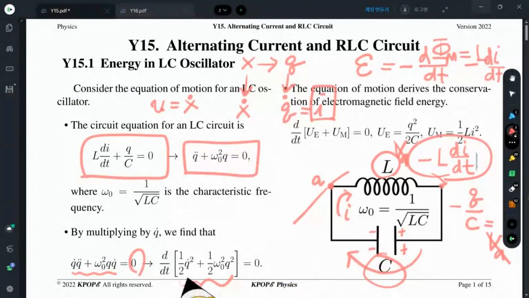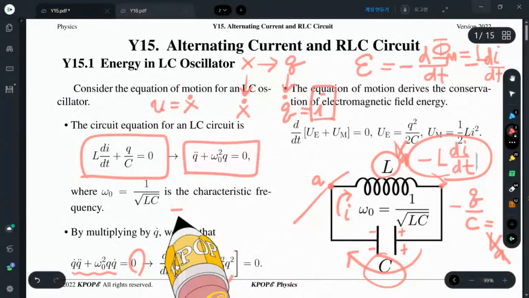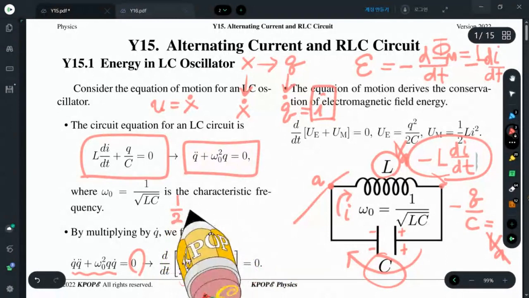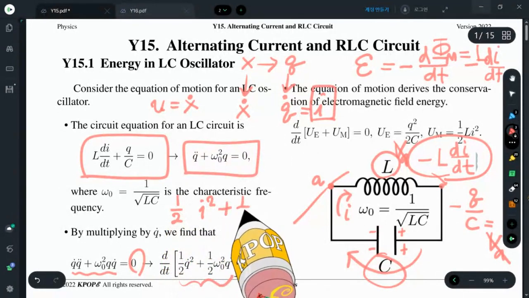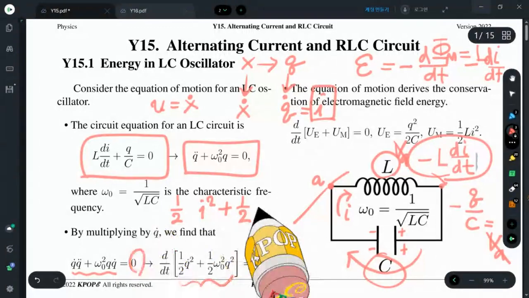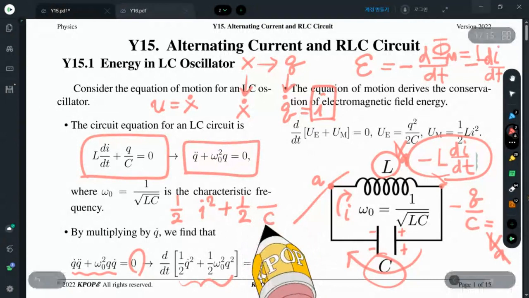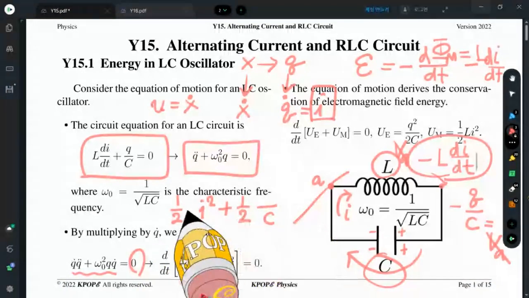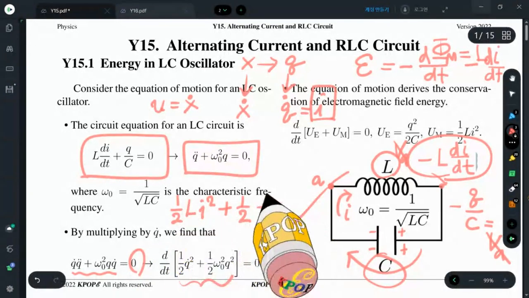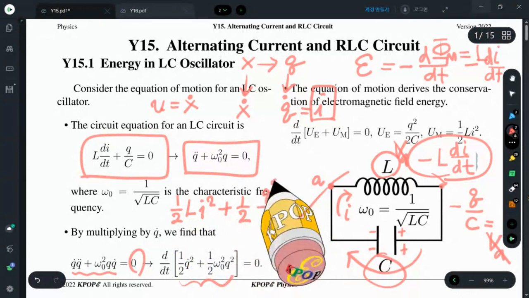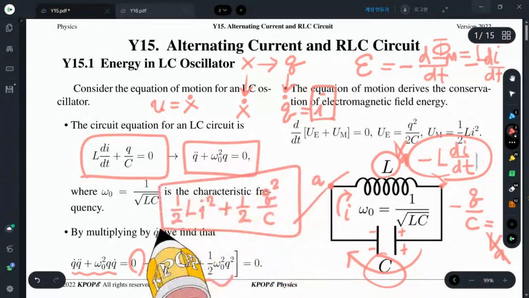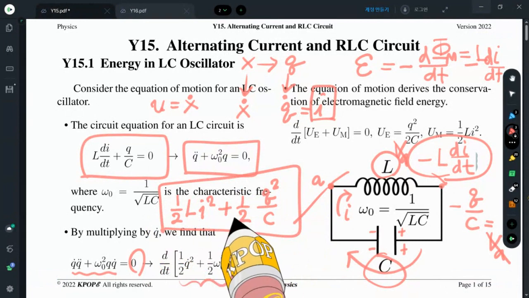In here, what we have is 1/2 Q dot is I squared, and 1/2 omega 0 squared is 1 over LC. So why don't we multiply L on both sides, becomes 1/2 L I squared, and we have Q squared over 2C. This is what? Total electromagnetic field energy.